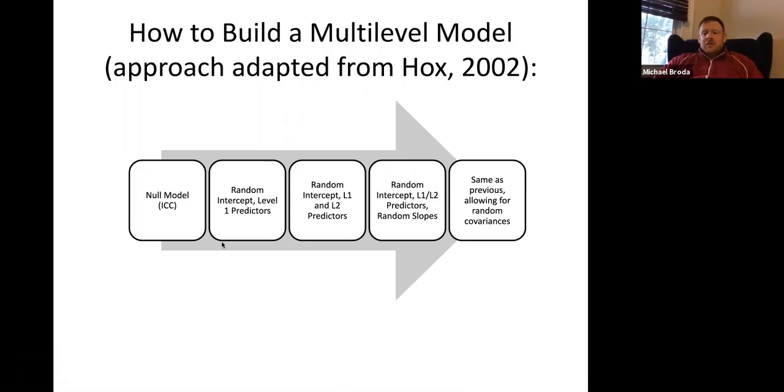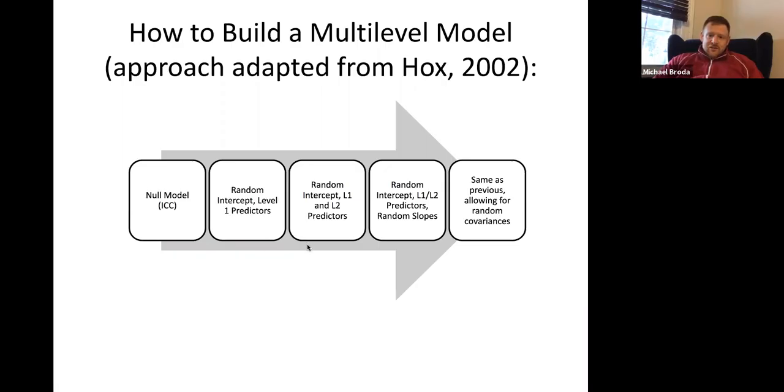And each one of these basically roughly corresponds to a module that we have studied throughout the course so far. So the first thing you do is you start with a null model and you calculate your ICC. We did a whole week on that, right? Then you run what's called a random intercept model and you introduce predictors at level 1. And then same thing, predictors at level 1 and level 2.